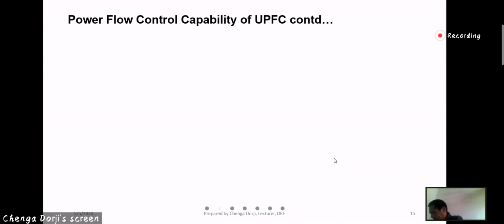Okay, so yesterday we were going through the power flow control capability of UPFC. So we'll try to see this.